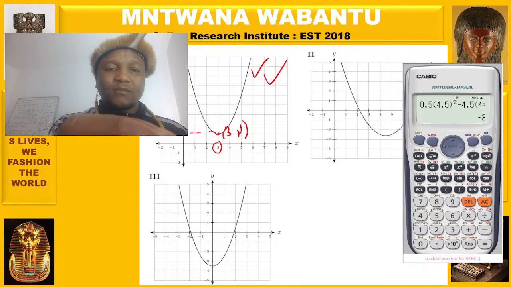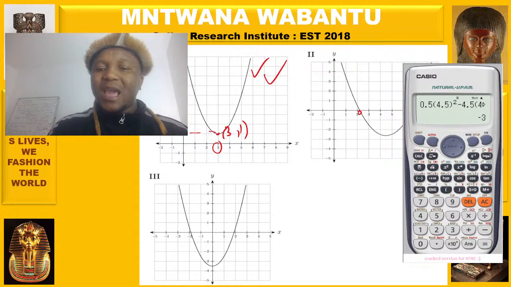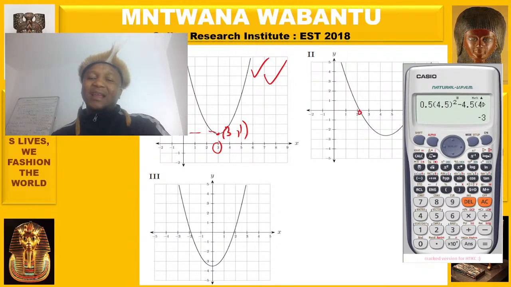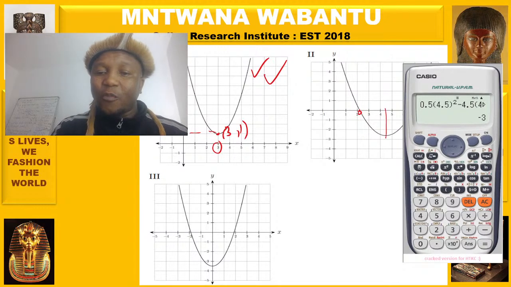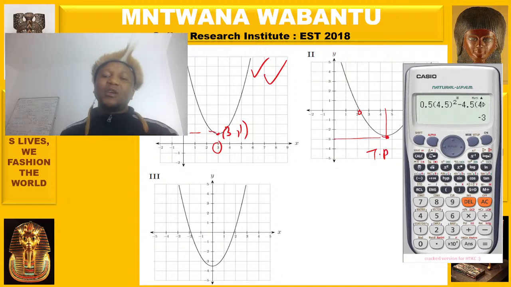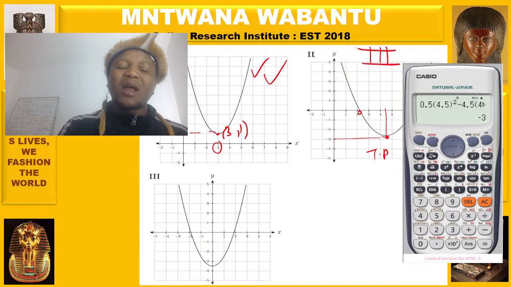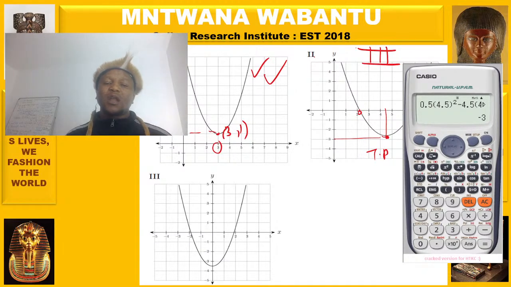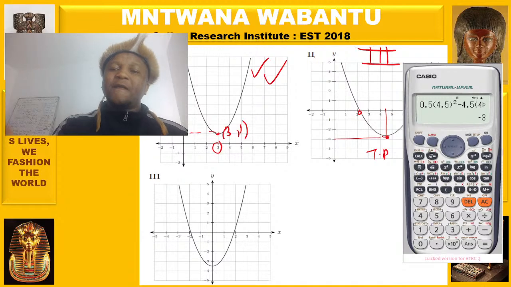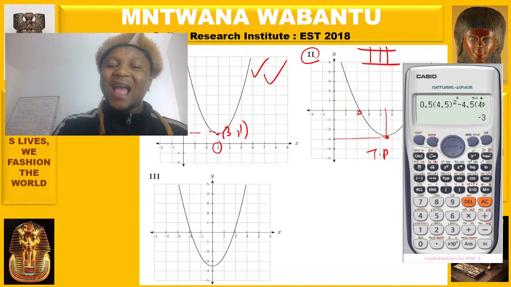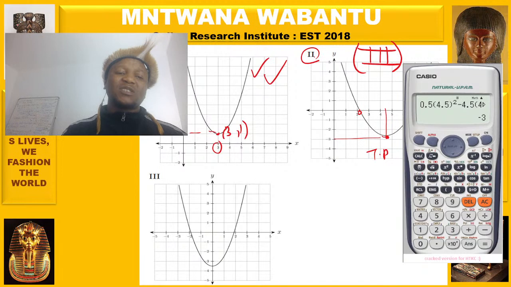You can see 2 and almost 6.9. And you see it turns at 4.5 and -3. You can see this is a turning point. So this is going to be for the third equation. Number 2 is for the third equation. This graph I got from the third equation, which is this one.